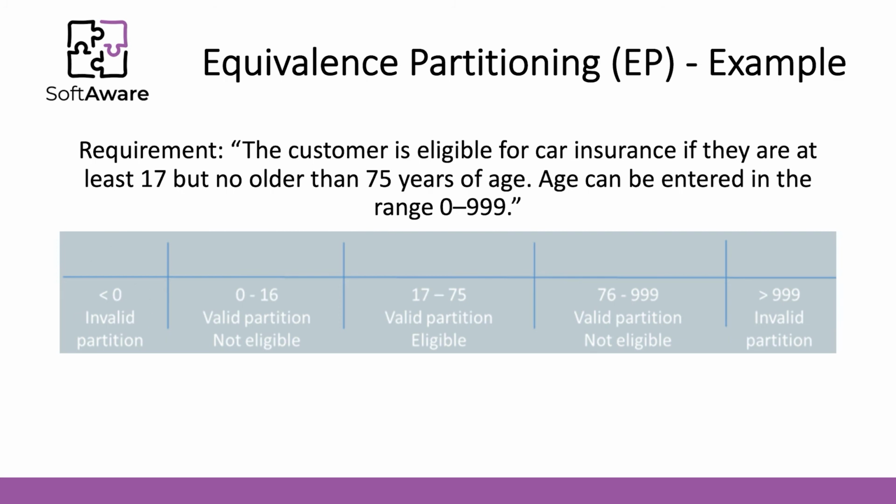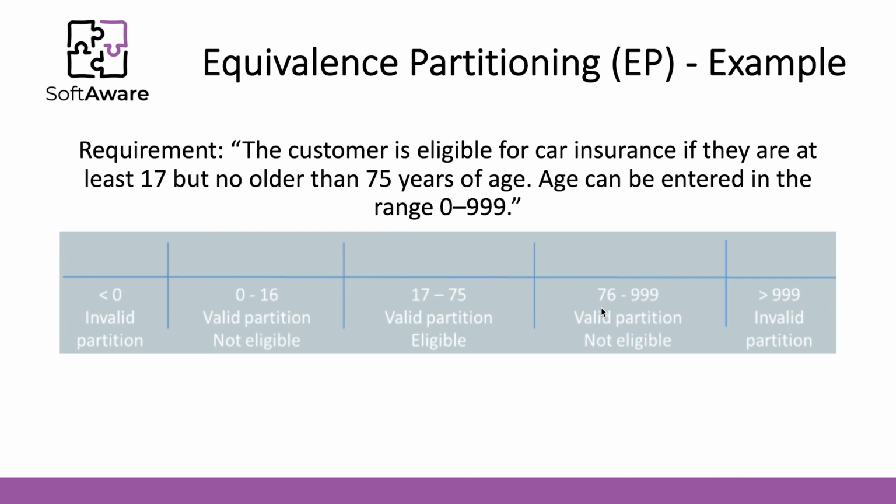But then we have 3 other partitions between 0 and 999. From 0 to 16, it's a valid partition, but the customer is not eligible to receive car insurance. The partition 17 to 75 is also valid because the age is acceptable by the system, and the person is eligible for car insurance.